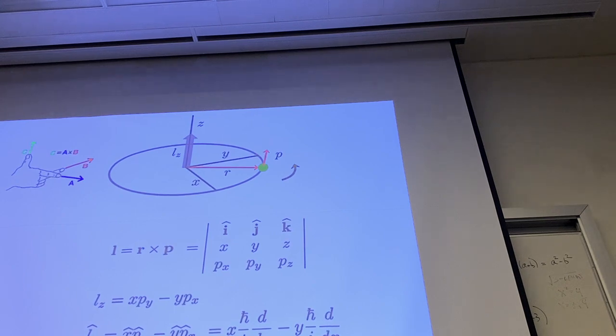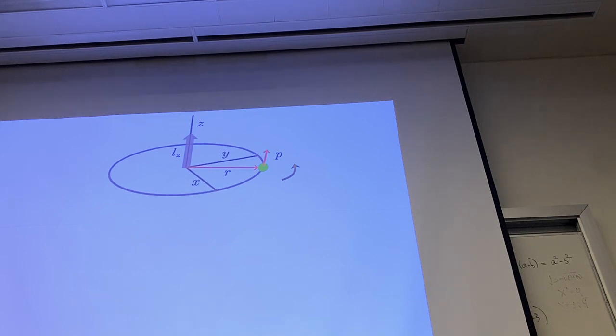So now let's see what happens if I operate with this angular momentum operator onto my function, because I would like to know what is the angular momentum if the electron occupies that wave function. So here's my wave function. I'm going to take just the complex exponent with the plus part, and I'm going to see what happens.